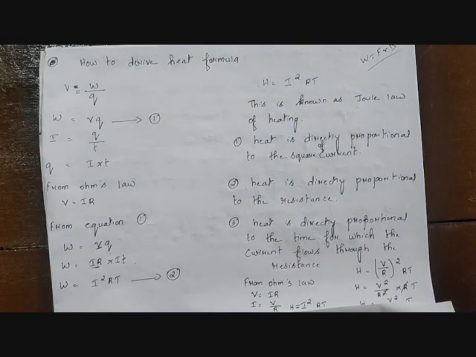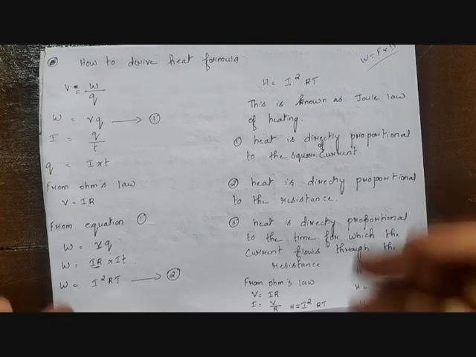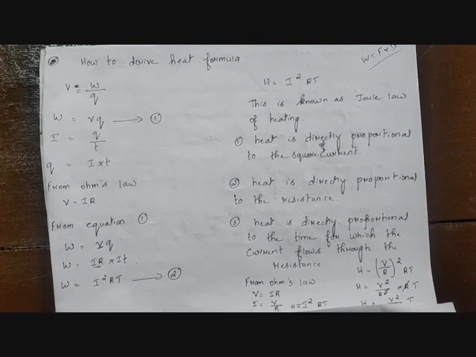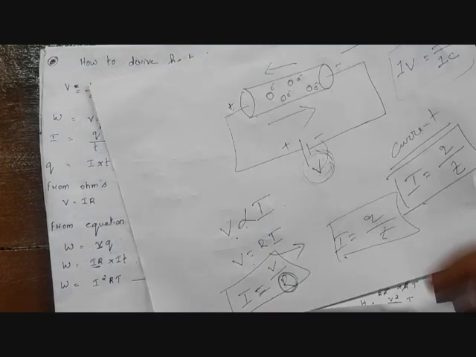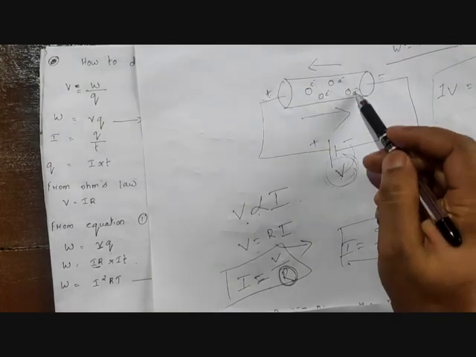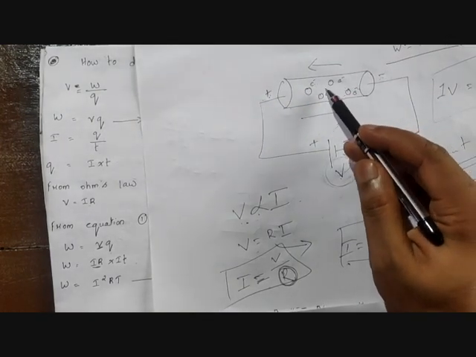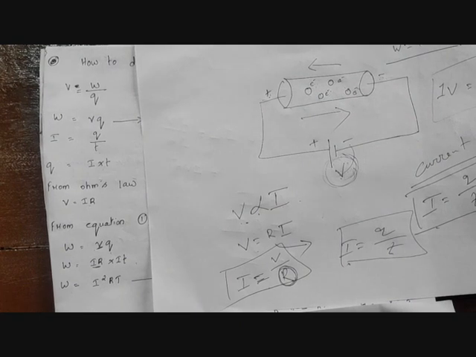Heat depends on the current, heat depends on the resistance, heat depends on the time. Obviously, if the resistance is more, the heat will be more. I think in the previous video we discussed how the resistance is more if more electrons collide with the atoms.